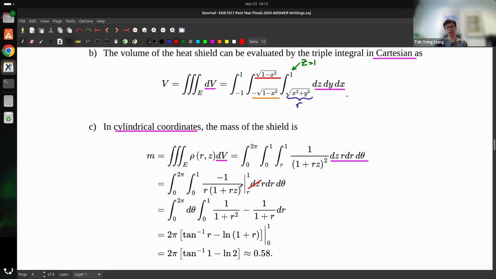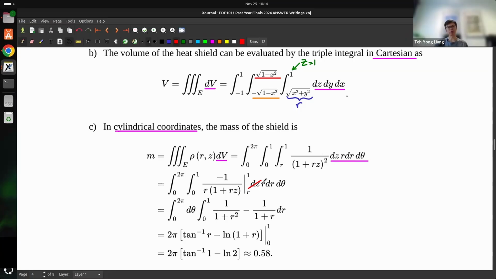Then obviously I must use the reverse chain rule. You can see there's an rz here, so the reverse chain rule is going to give me 1 over r. If you cannot see it, it's okay. You can just use u substitution. For example, if you let u equals 1 plus rz, then du equals r dz, and dz will give you 1 over r du.